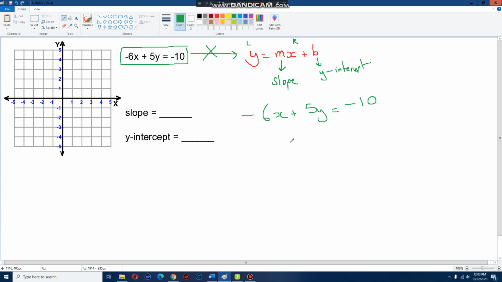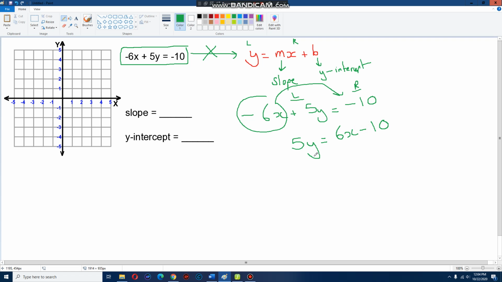What stays on the left side? Well, it's going to be your 5y. 5 stays with the family, so we keep it together. Everything else will go on the right side. I would like the x format to stay this way, so I'll bring the minus 6 to the right side, and it becomes plus 6x. And of course, minus 10 stays minus 10.